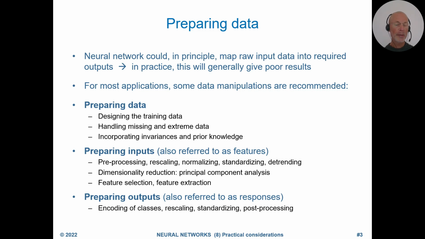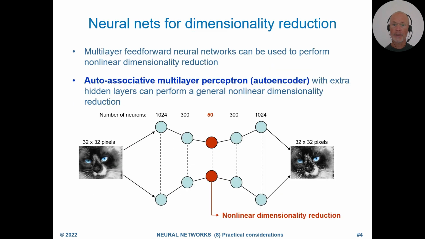Then we have to properly prepare the inputs, which means some kind of pre-processing: rescaling, normalizing, standardizing, also detrending for time series data. Dimensionality reduction is very important. We can apply principal components analysis or feature selection and feature extraction. We also have to properly prepare outputs, such as encoding the classes and some post-processing.